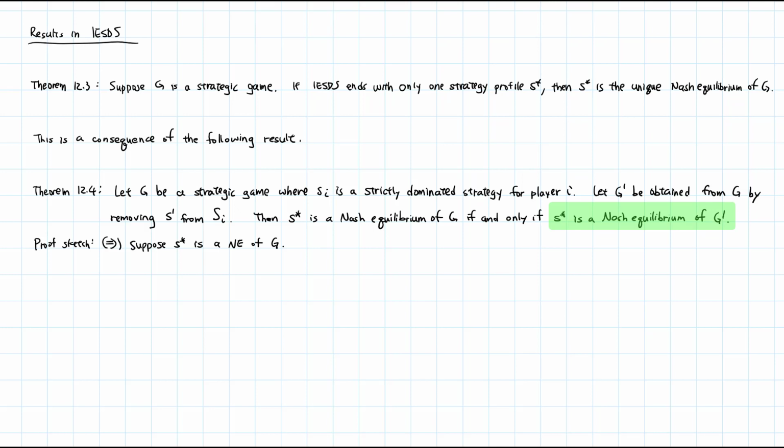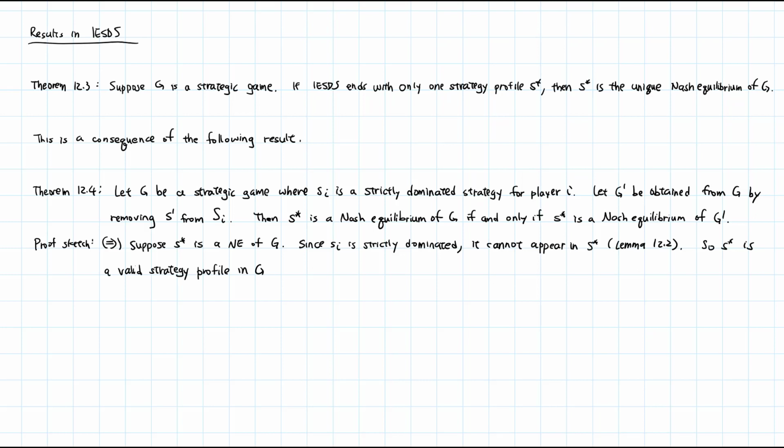Can you see why that is? Since Si is strictly dominated in G, it cannot appear as a strategy in the Nash equilibrium of G, S star. This is from our earlier lemma. So, S star is a valid strategy profile in G prime.